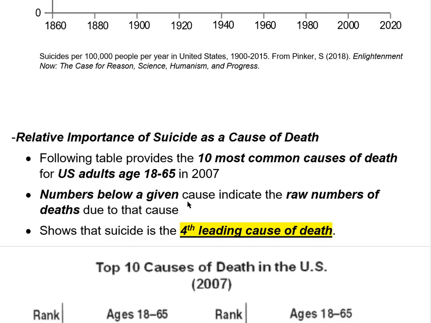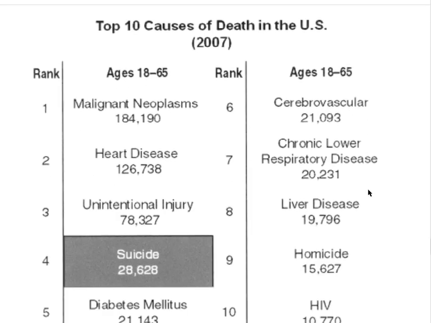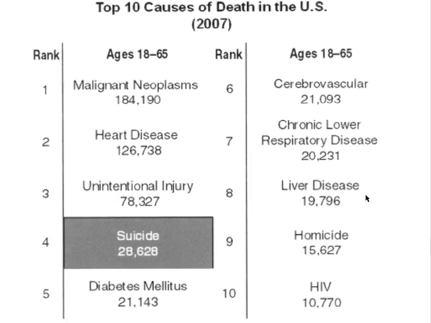The numbers that I'm about to go over are raw numbers in this table. They'll indicate the raw number of deaths due to a given cause. This table shows that suicide is the 4th leading cause of death, given the way that these CDC people organize causes of death.